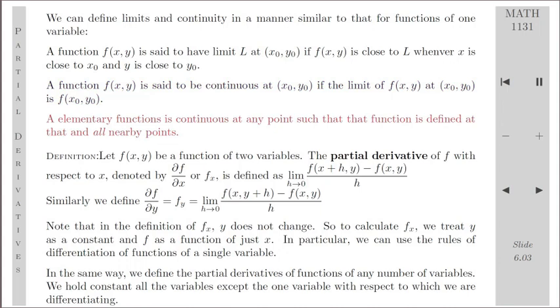You have to be a bit careful here. For a function to be continuous, it's not enough that it be defined at a given point (x0, y0), but at all nearby points. The issue is this. If you take x to the power 1/3, that's fine. It's defined no matter what x is. But if you take x to the power y, then you have to be careful.